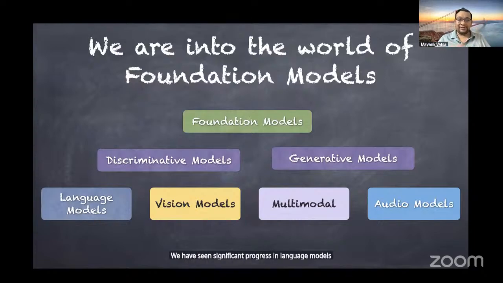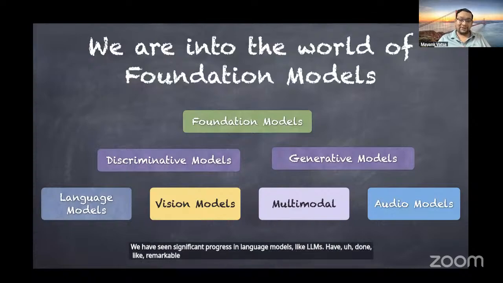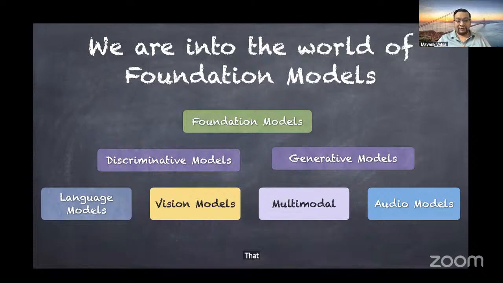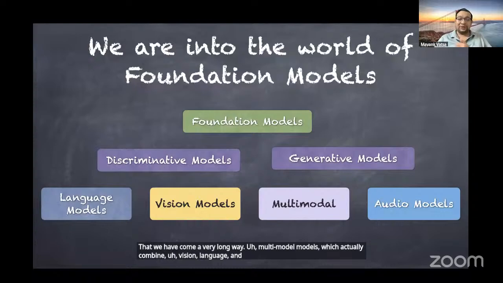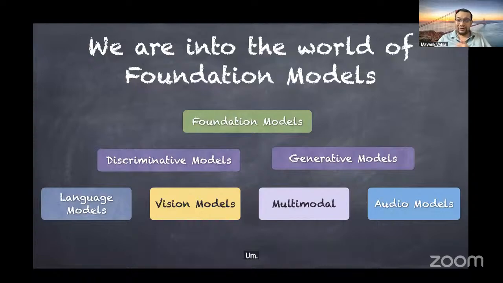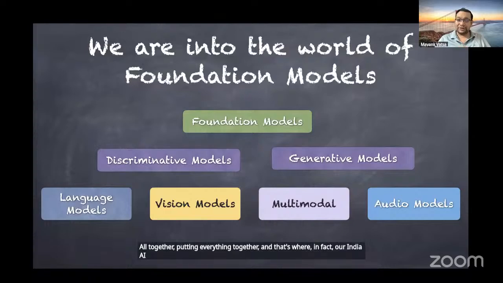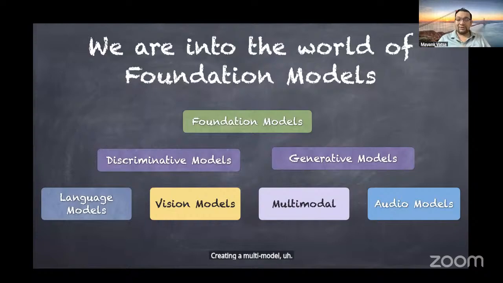LLMs have made remarkable progress. Vision models are also making their way, and I'll show you some interesting examples that show we have come a very long way. Multimodal models combine vision, language, and audio all together. And that's where our India AI Mission is also focusing, on creating a multimodal foundation model for Indic languages.